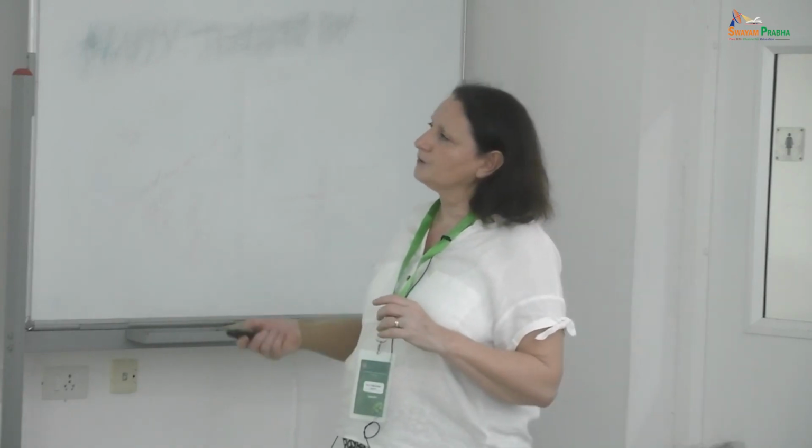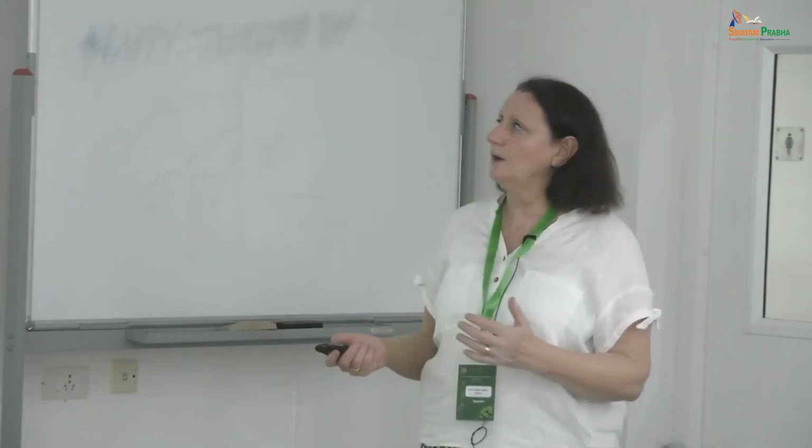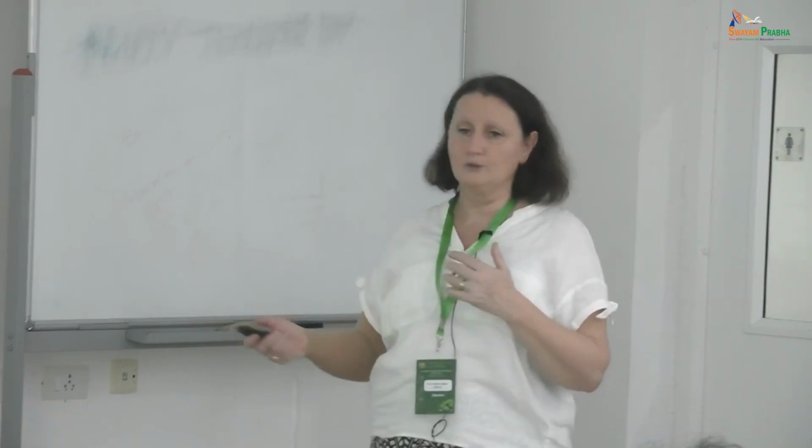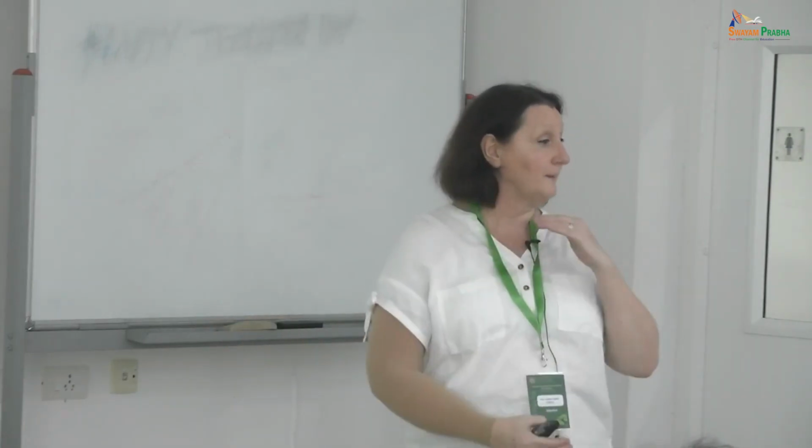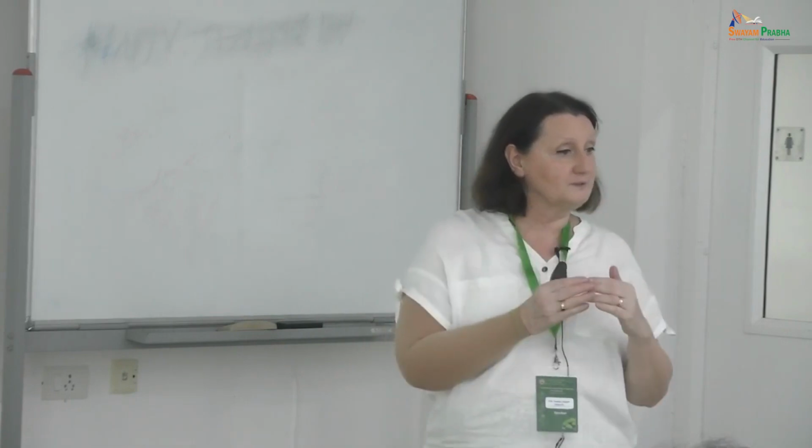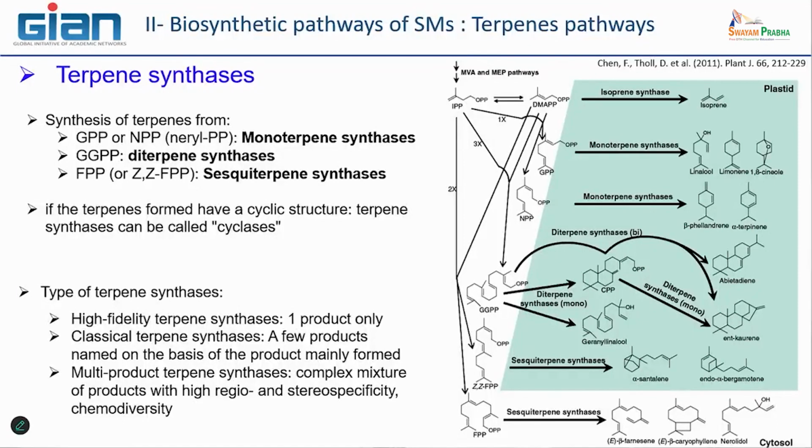And finally, there is a lot of work that led to identifying all of these synthases, monoterpene synthase, diterpene synthase, because you can't substitute one for another. They are very specific to the substrate.